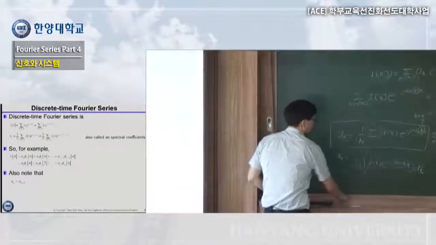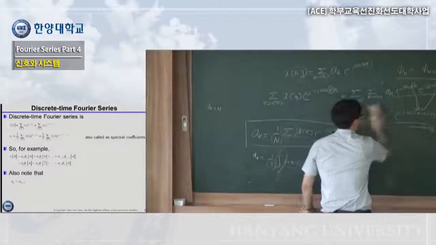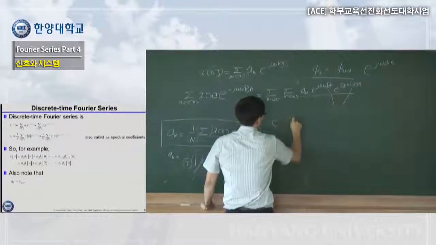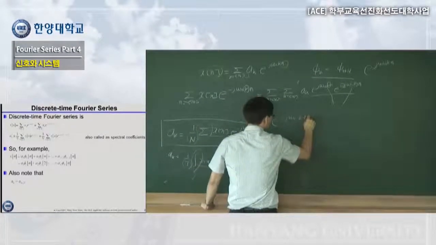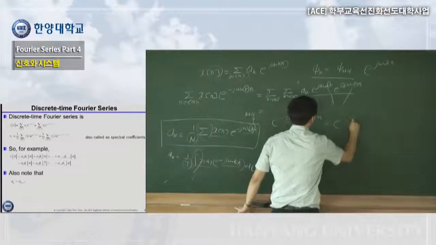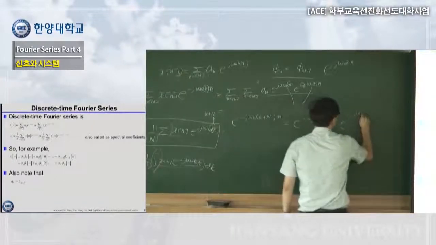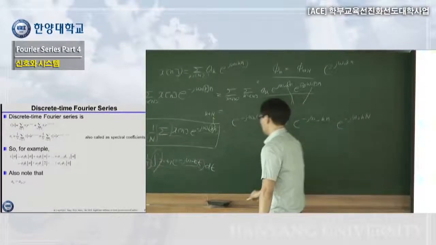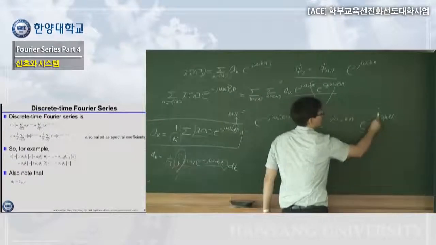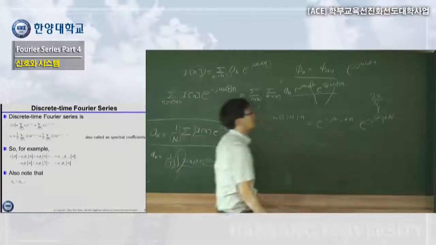And this one becomes what? Let me erase this side. e to the minus j omega 0 (k plus N) small n becomes e to the minus j omega 0 k n times e to the minus j omega 0 large N n. In here, omega 0 is 2 pi divided by the period, right?